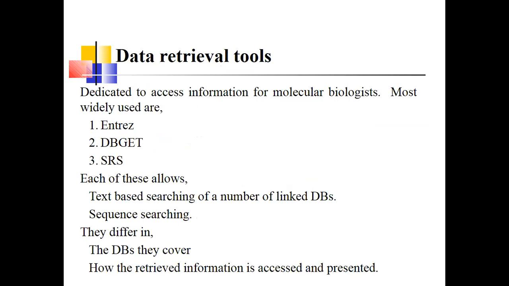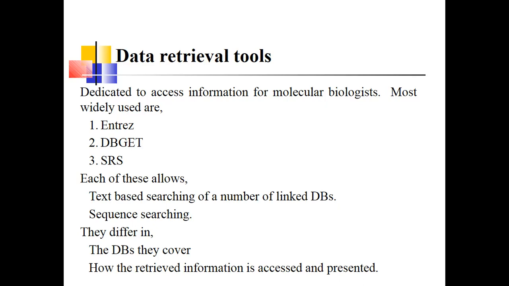Data retrieval tools include different types of tools, including Entrez, dbGet and SRS, which are specific search engines, or you can say tools, embedded in different databases. Each of these allows text-based searching of a number of linked databases. Each database is connected with other databases and has developed pipelines to take data from other databases.